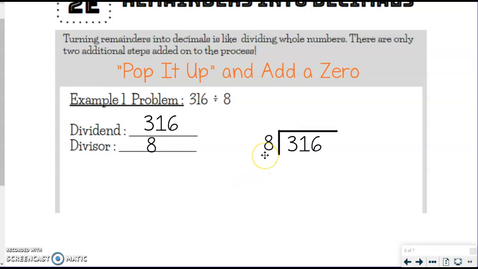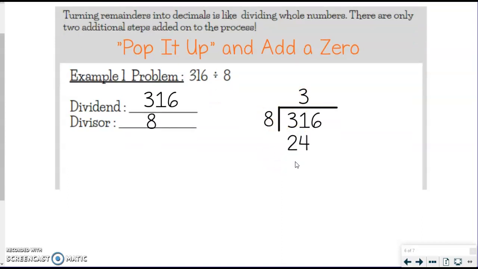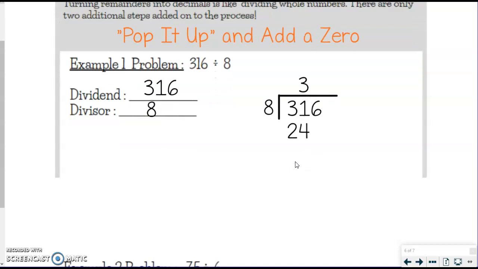Following along, 8 doesn't fit into 3, so we say 8 fits into 31 3 times, and 3 times 8 gives us 24. And if this video is ever going too fast for you, please feel free to pause it to catch up. So we're going to subtract, we get 7.